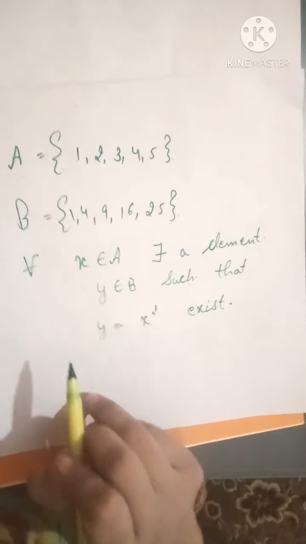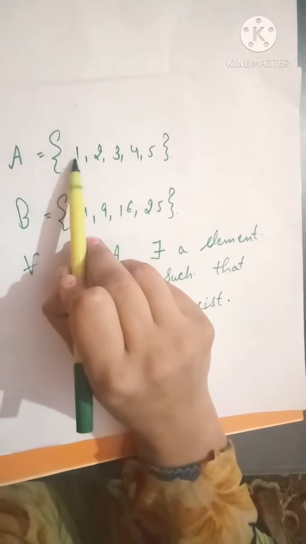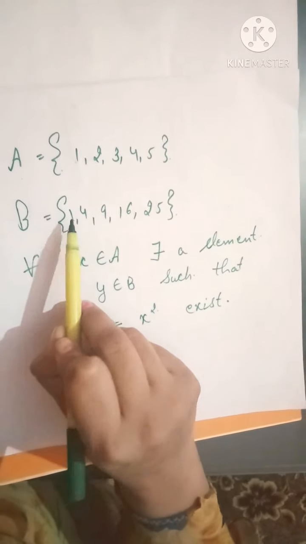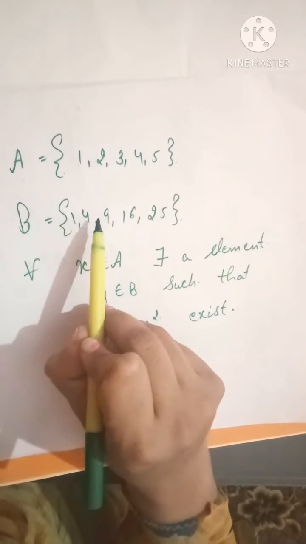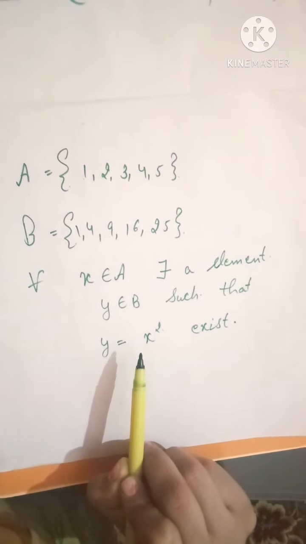That means for any element of A, there exists an element of B such that the relation between set A and the element of set B is y is equal to x square.